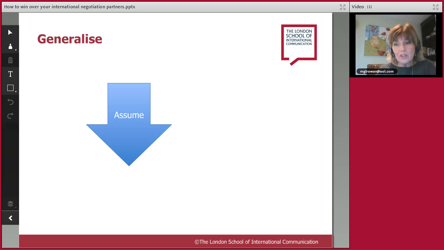So from that point of view, generalizing is an extremely challenging aspect of international negotiating because it puts you at odds with the other person in that you've made an assumption, you've generalized, and the other person doesn't want to admit that they don't know what you mean because it may put them at a disadvantage.